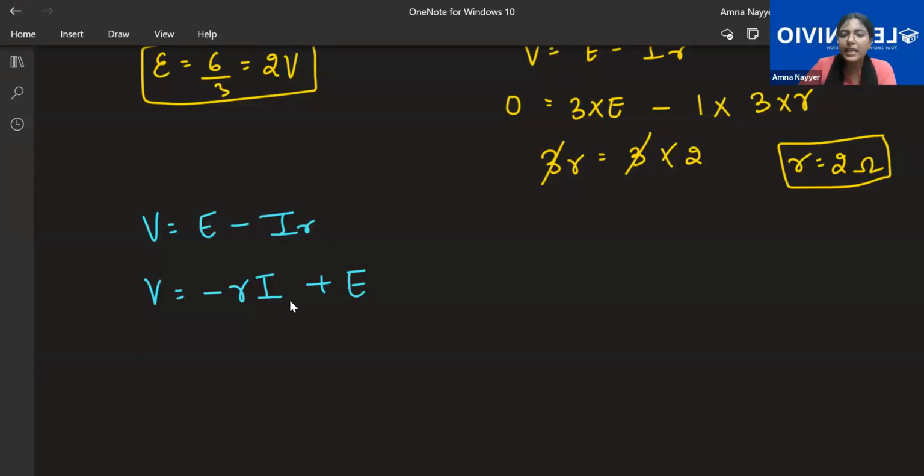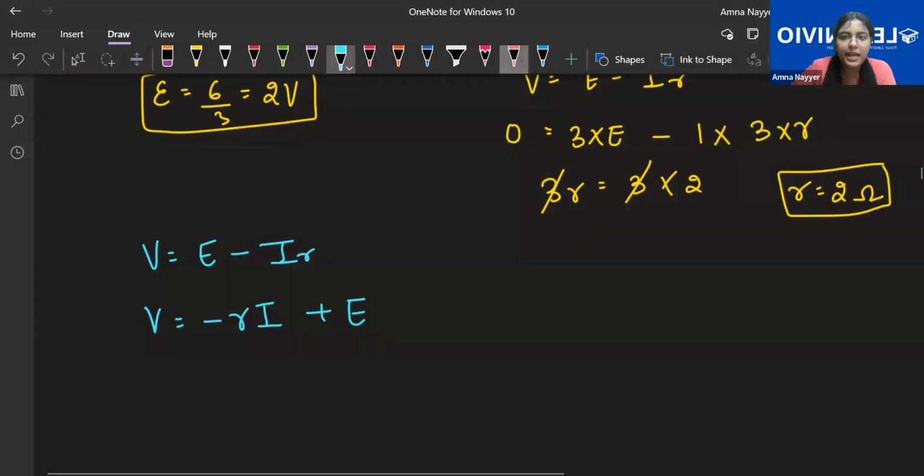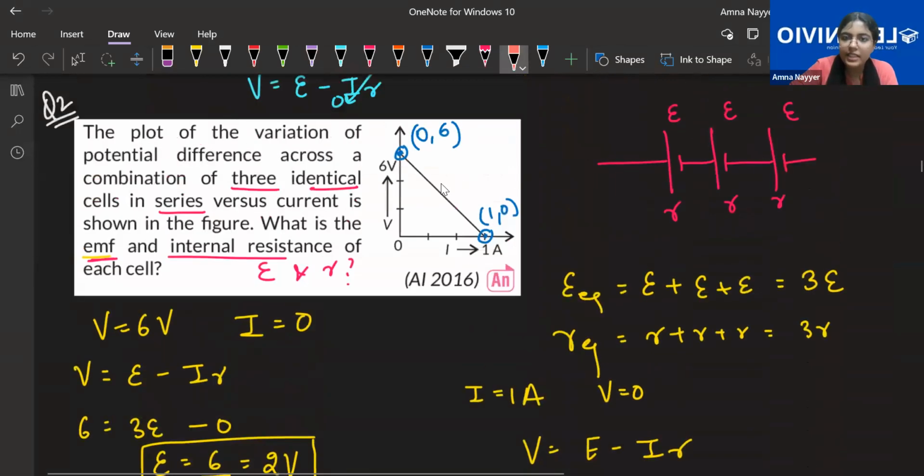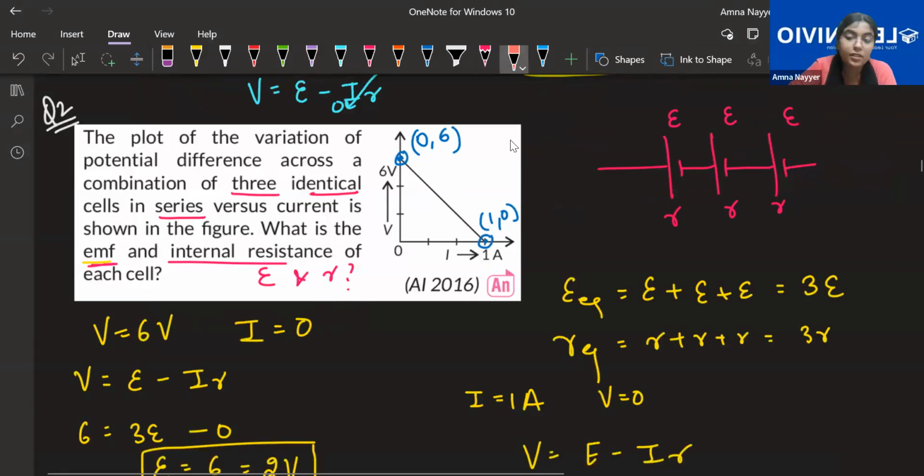Now, if I compare it with the equation of a straight line, because we know V versus I will always be a straight line graph, whether it's like this or like this, it will always be because it obeys Ohm's law.